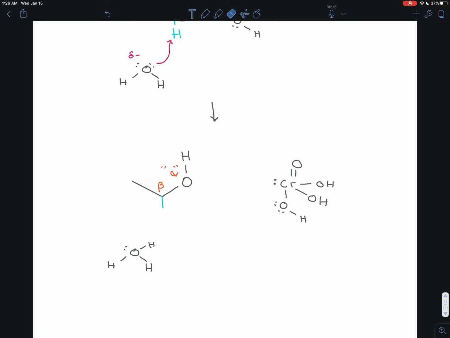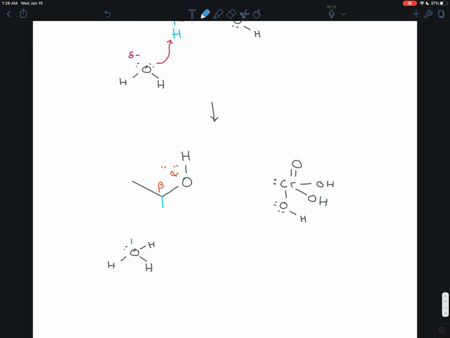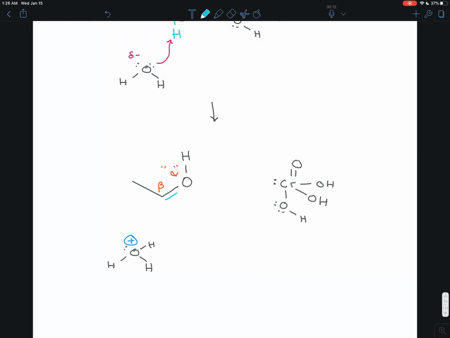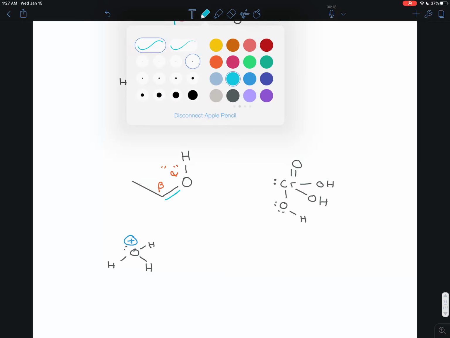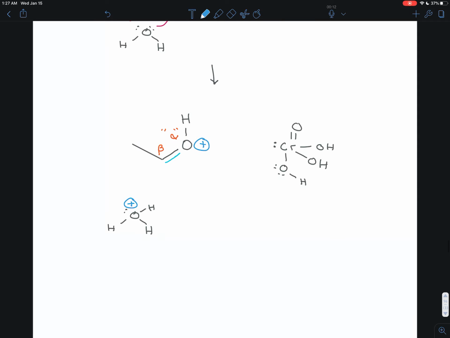That gives the oxygen a full positive charge. You have a new bond, a pi bond, between the sort of beta carbon and the oxygen. And that oxygen has a full positive charge because it has 3 bonds now. So this is what we're left with.